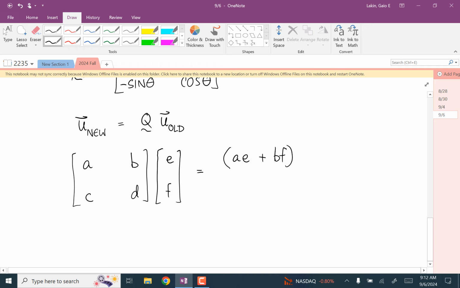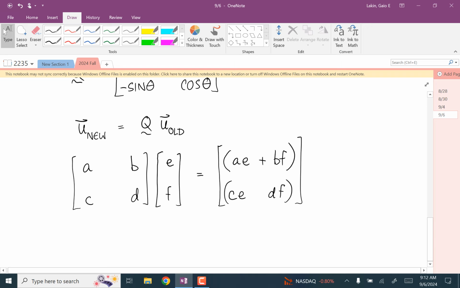And then the second one is the dot product of this row and this column. So that is CE plus DF. So in 2D, it's not too hard to do this by hand. In 3D, it takes more time, but your calculator will do it instantly in any case.